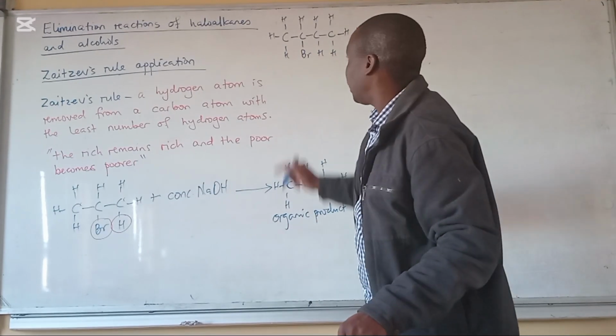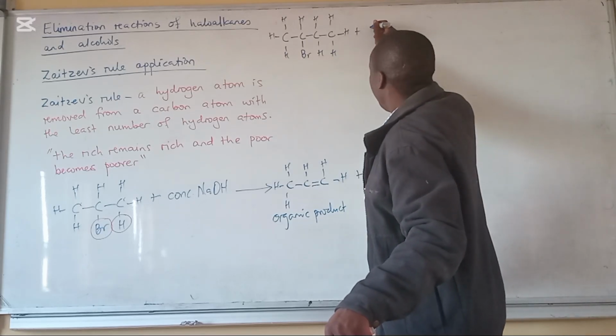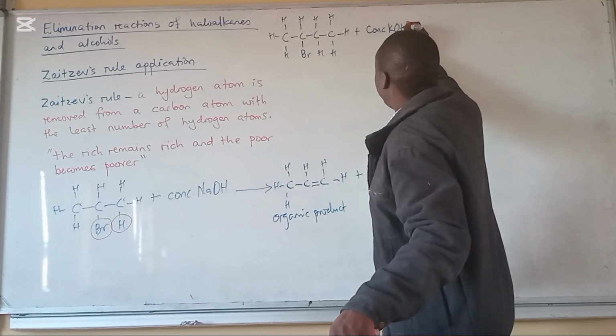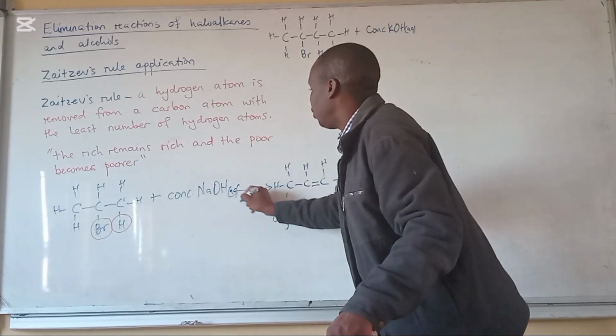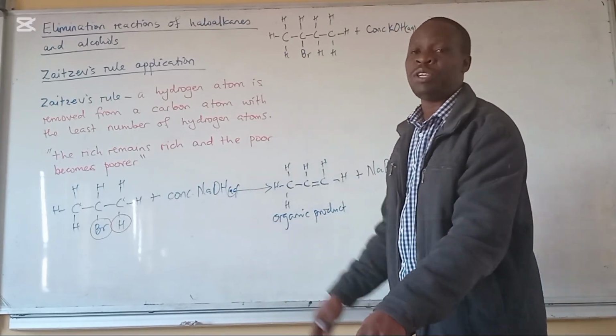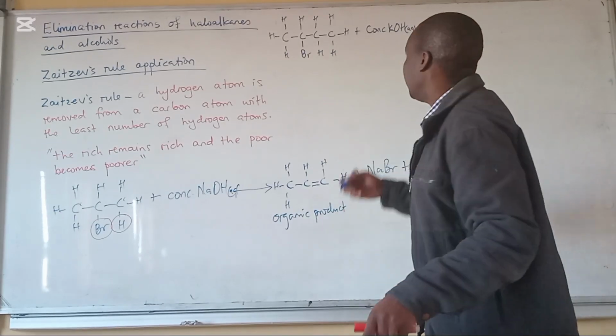Right, so that is our 2-bromobutane reacting with concentrated KOH. This time let me use KOH in aqueous state. Whether it's potassium hydroxide or sodium hydroxide is the same because they are both strong bases.